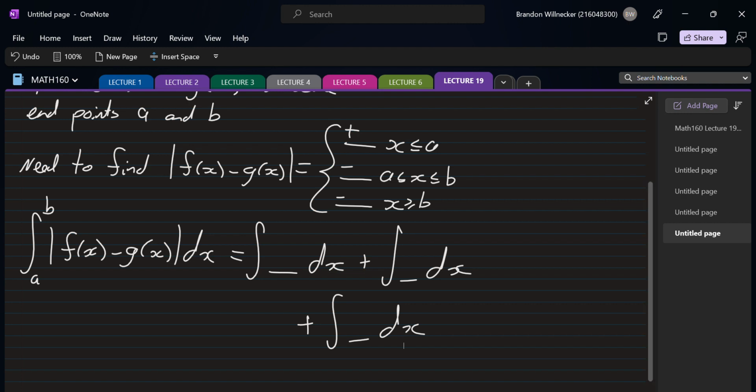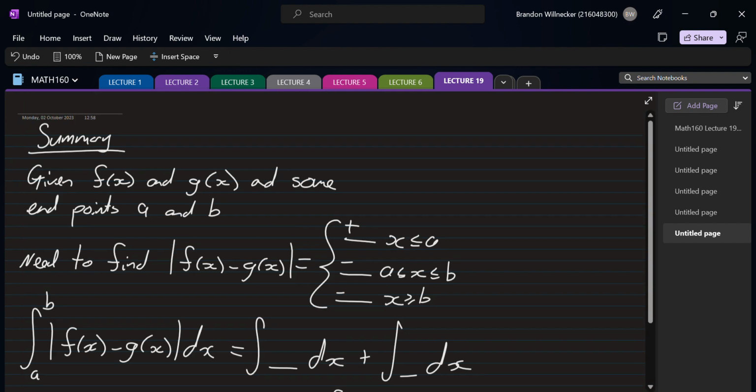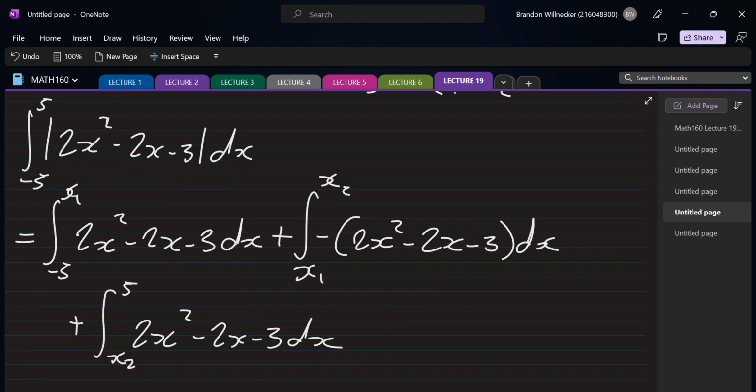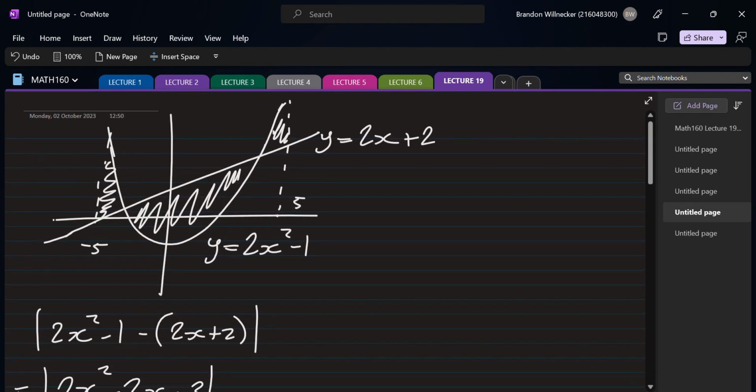Okay, so you'll use this method if you're unsure which one's the upper function or which one's the lower function, or in this case, that we had in the previous example, where sometimes it swaps between being an upper function or a lower function. In that case, you would have to use the absolute value.